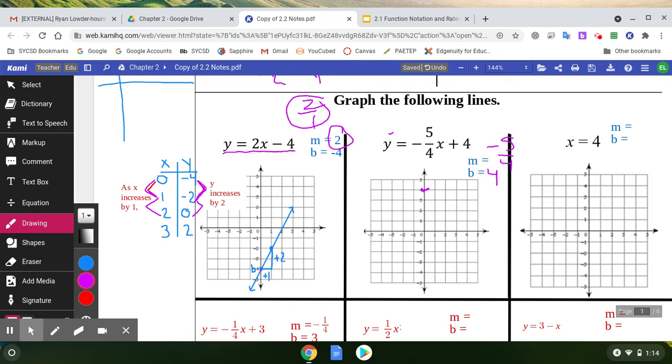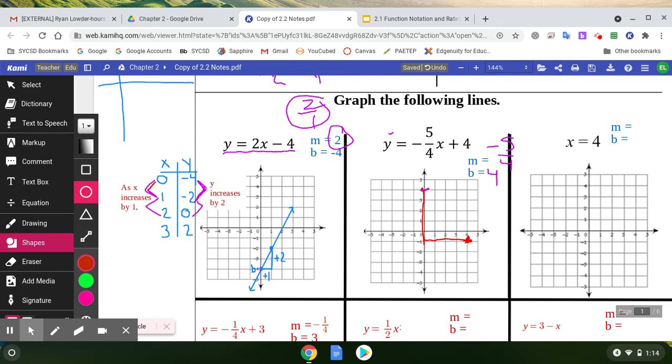And from here, the slope or the rate of change tells me how to move to the next point. So my change in y is the top number, which is -5, and my change in x is the bottom number, which is 4. So to change by -5 in y, I have to go down 5 units. And to change by +4 in x, I need to move to the right 4 units. So my next point would be right here.